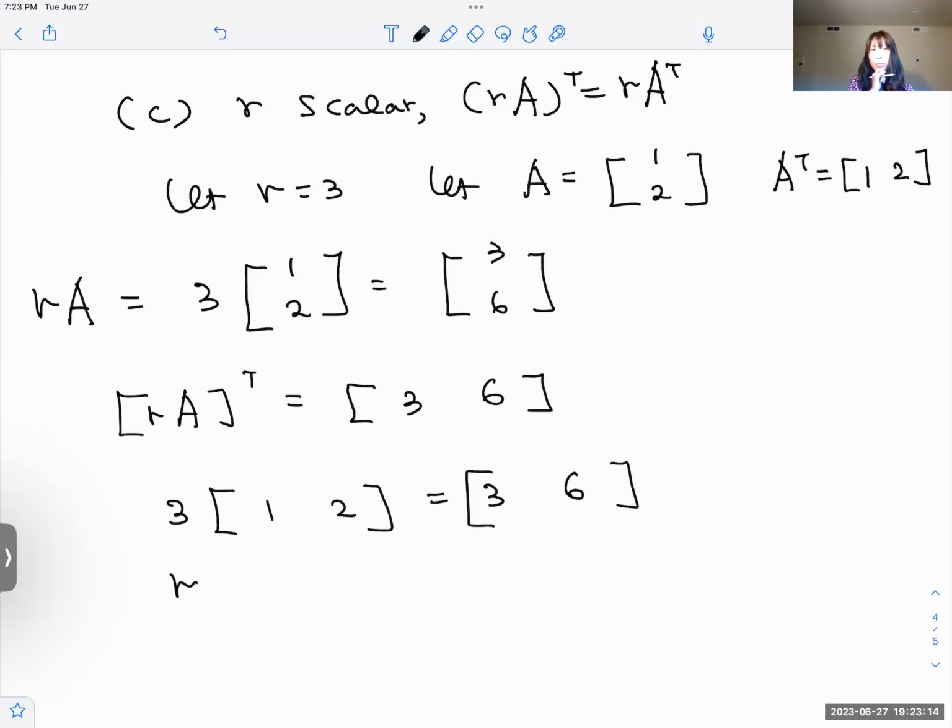So r equals 3 times 1, 2 with the row being A transpose, so that is 3, 6 here, and 3, 6 here. So that is r A transpose equals the transpose of r A, right?